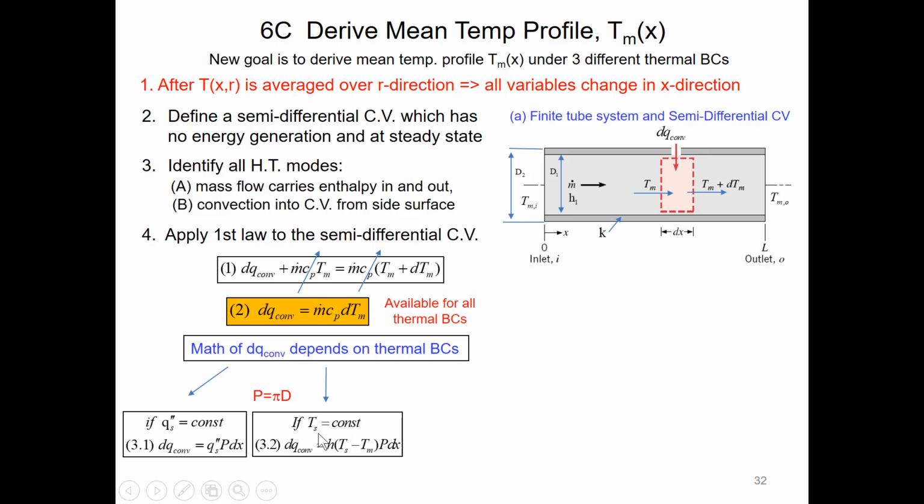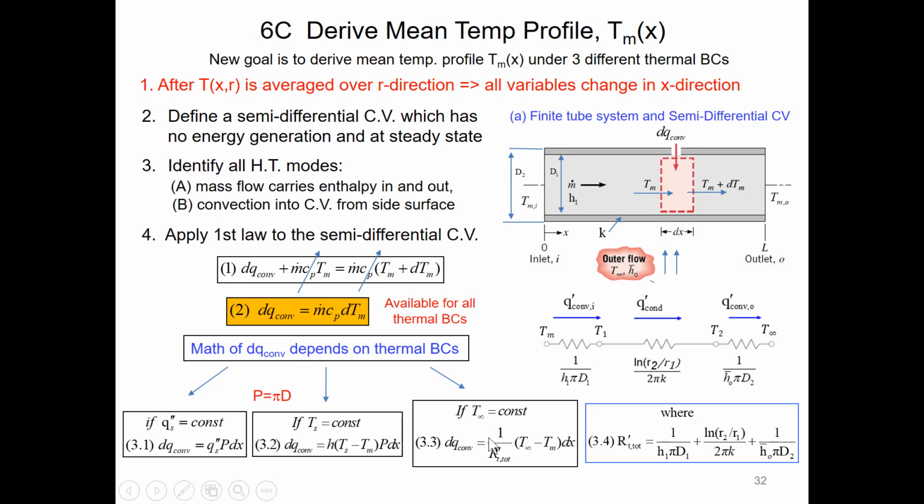Second, if the thermal boundary condition is constant surface temperature, the convection heat rate is best represented by heat transfer coefficient times the temperature difference times the side surface area.